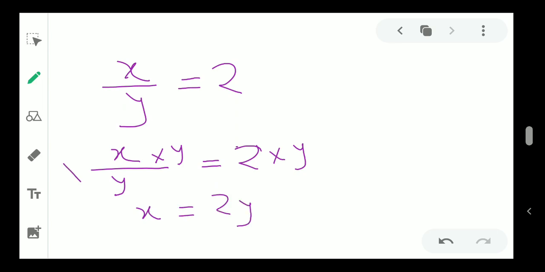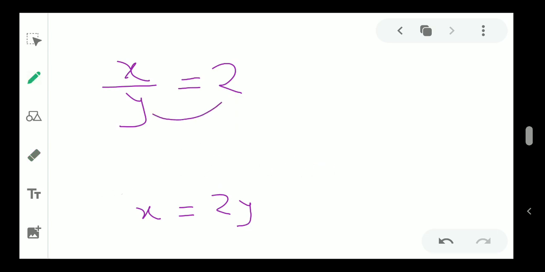But if we don't do this step, we get directly that y, whenever y goes to that side, as on the left hand side y was in the denominator, whenever it goes to the right hand side, it becomes a numerator.